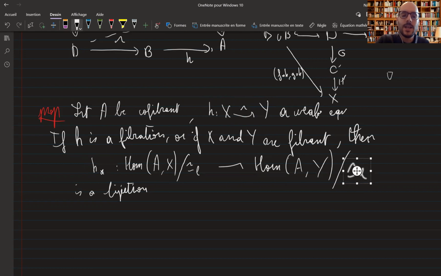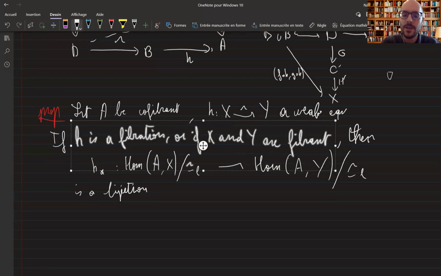All right? And as you can see here, we have to combine both hypotheses. The source has to be cofibrant, and the targets have to be fibrant. Or H has to be a fibration. And as we are going to see, these two conditions here are very related.